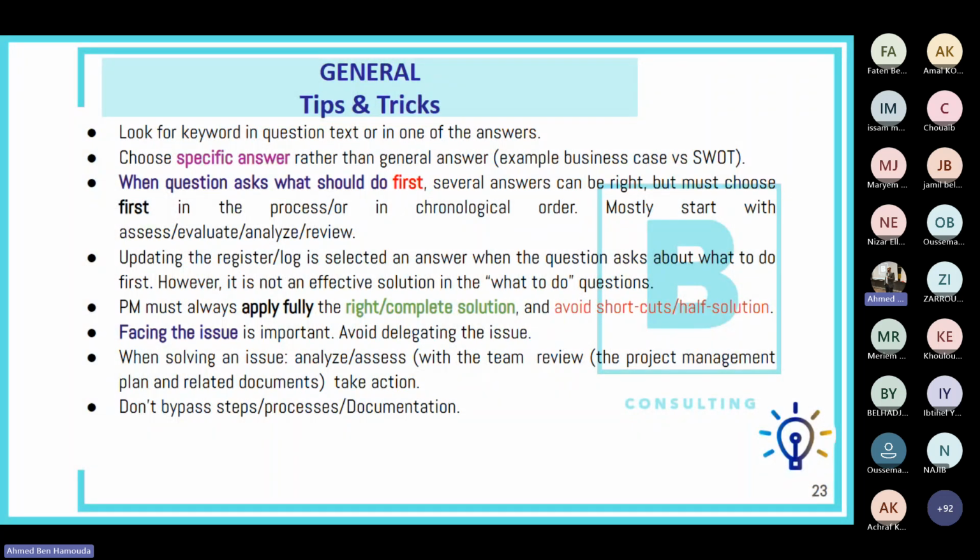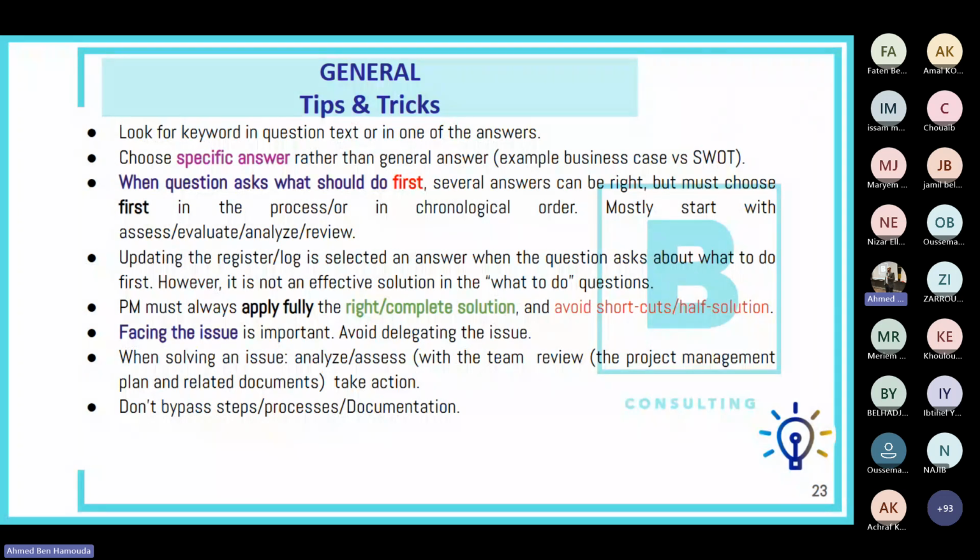So remember that in most of the questions in the exam, you will be able to find a keyword, whether in the text or in one of the answers, that lets you know you need to pick that particular answer. And we will see some examples. Definitely, I will make sure that we see some examples for any tip and trick.